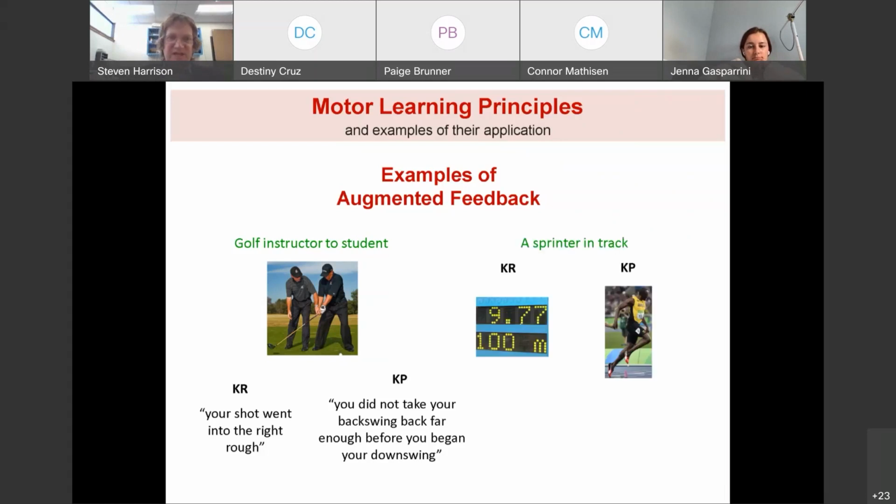In the case of a sprinter running 100 meters, you run the 100 meters, you look over to the clock, you get knowledge of results. If you play a video back to the sprinter, where they're able to focus upon exactly how they were moving and the specifics of their coordination patterns during the action, then we're talking about knowledge of performance.